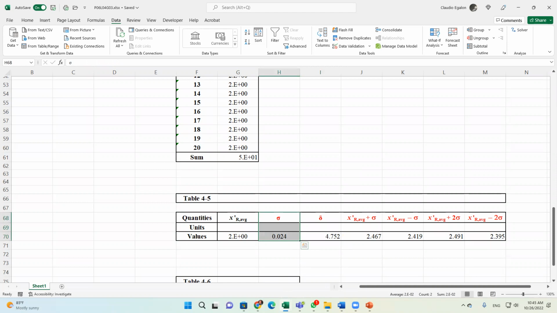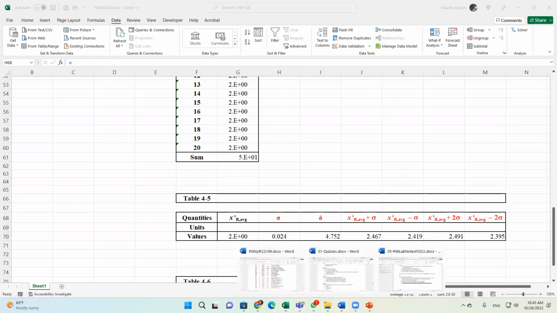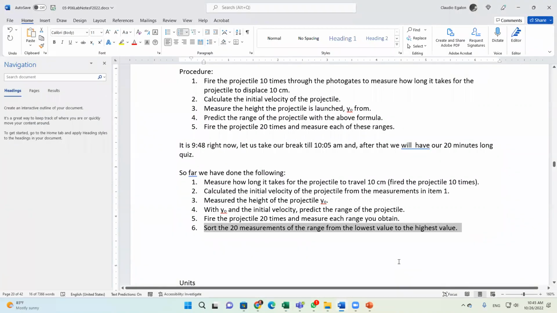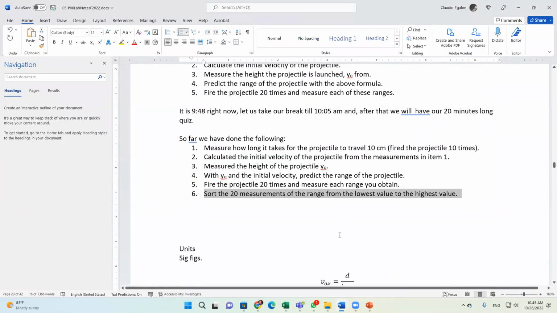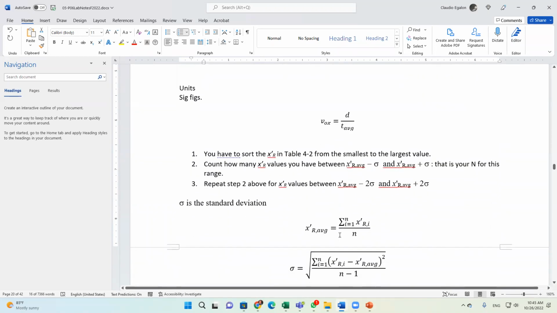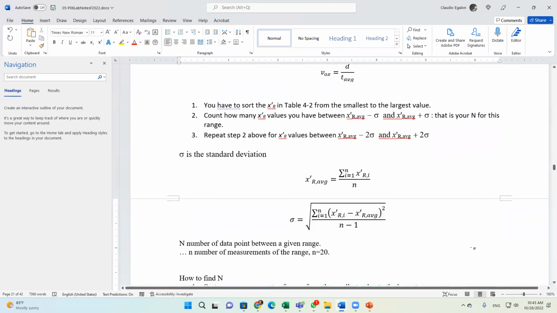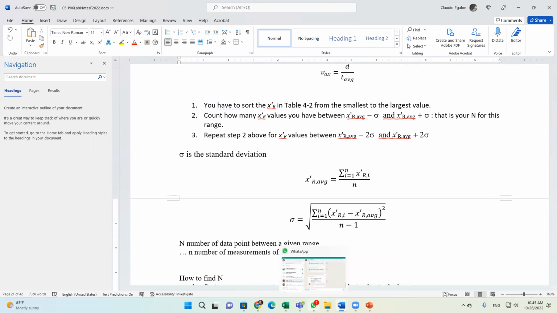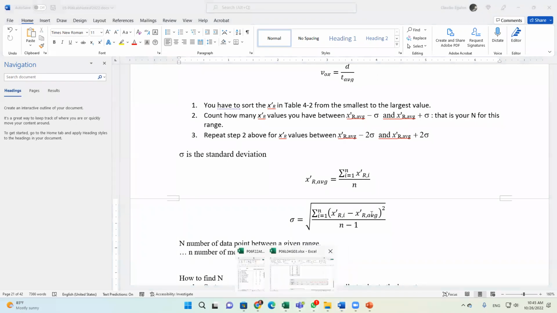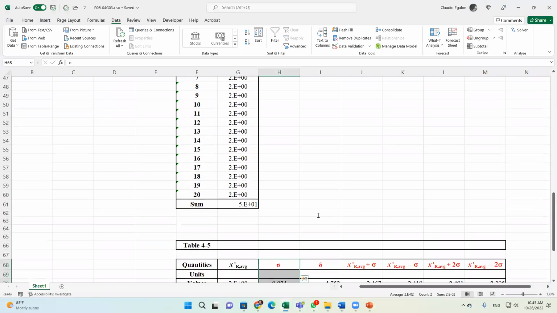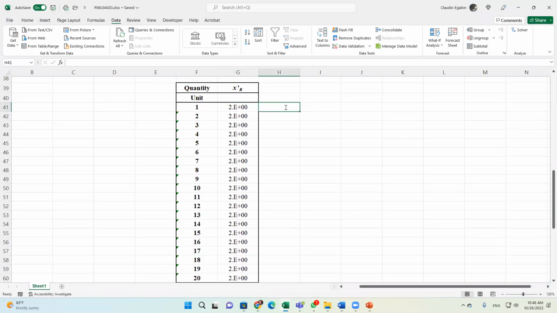Now, what about sigma? Let's take a look at the equation for sigma. If you have a set of measured values, the definition of sigma, which is called the standard deviation, is this: each one of your measured values, x prime r1, x prime r2, x prime r3, minus the average.